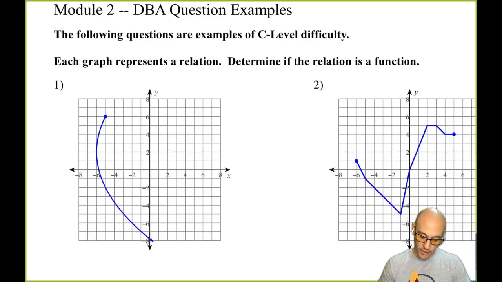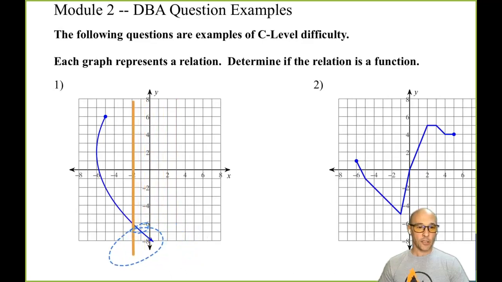So what I'm going to do here is create a vertical line, and we are going to do the vertical line test. Actually, let me see if I can make a straight line here and make it nice and long. There we go. All right, so I can grab that vertical line, and all through here, it only touches the graph in one place at a time.